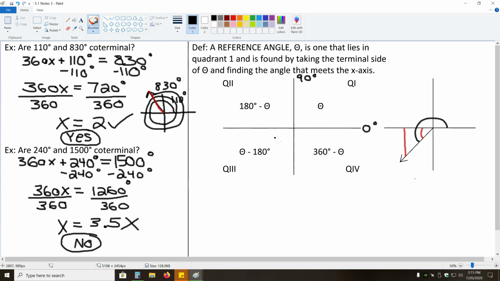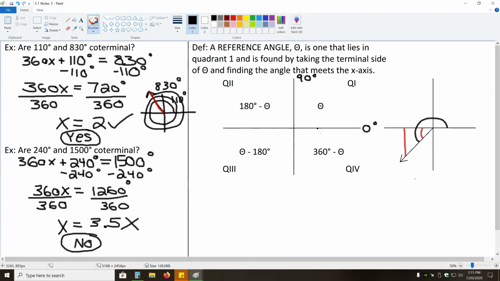And that will get you inside of these 4 quadrants between 0 and 360. And it has to be less than 360, just to make sure that's clear. 360 degrees lies on top of 0 degrees, so you would need to subtract 360 from it. And from here, you could then use one of these four formulas to find the reference angle.